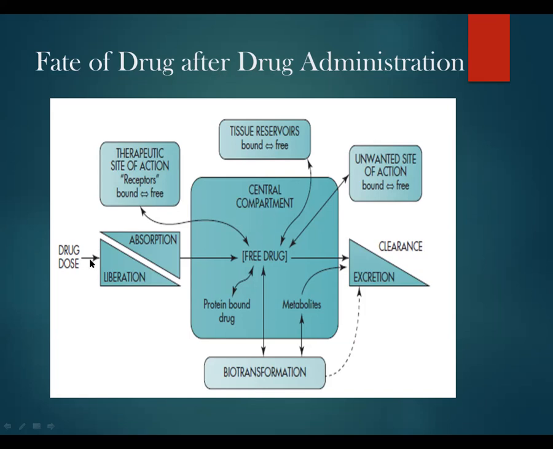That means I need to modify it chemically such that it may avoid the first pass metabolism, but it has to come back to its original form before it exhibits the therapeutic action. So it's not an easy task. Every drug molecule cannot be converted into a prodrug. So the best way is to avoid the oral route itself. I have alternative routes of administration. I can go with rectal or transdermal.